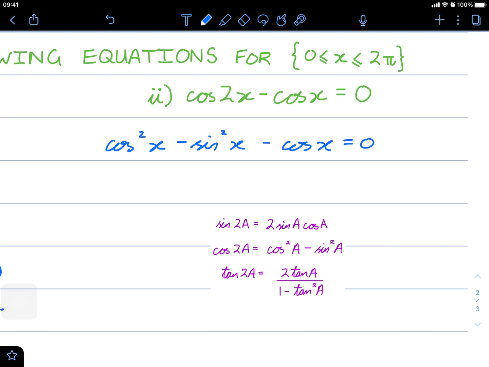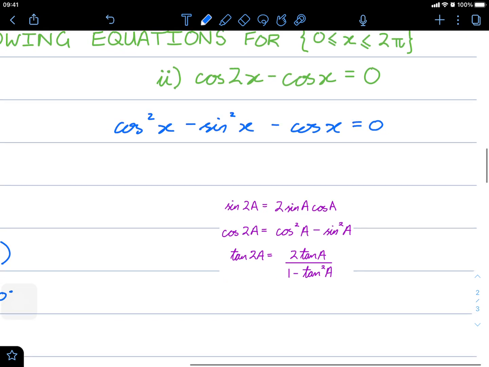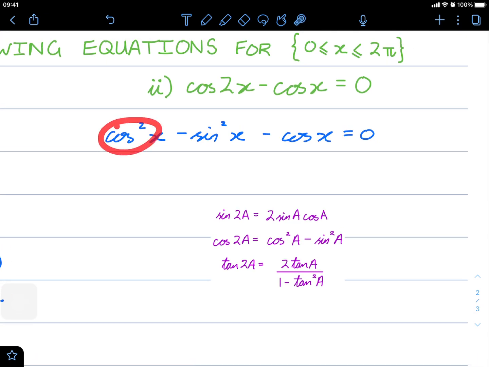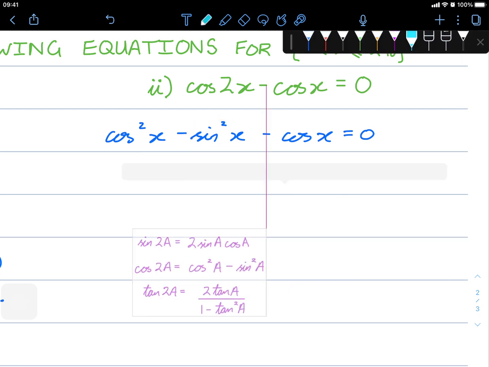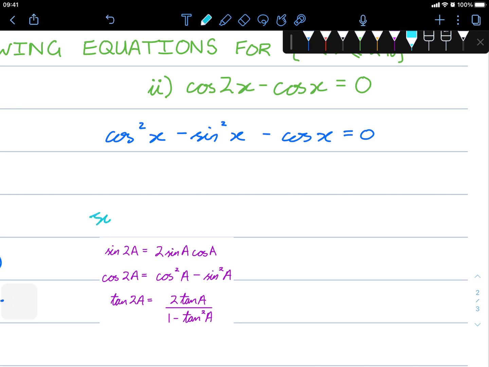Now it may seem not obvious what to do from this point, but since everything is so close to cosine, we should convert this also in terms of cosine. I'm going to be using my identity here, sine squared x plus cos squared x is equal to 1.